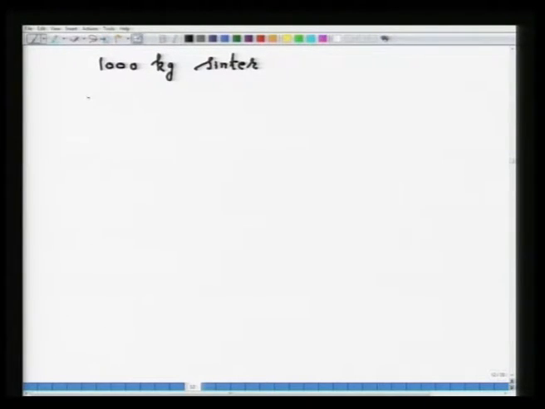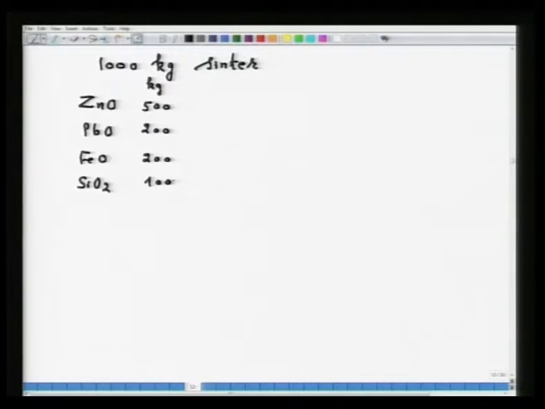The input is zinc oxide, lead oxide, FeO and SiO2, that is 500 kg ZnO, PbO 200, FeO 200 and SiO2 100.